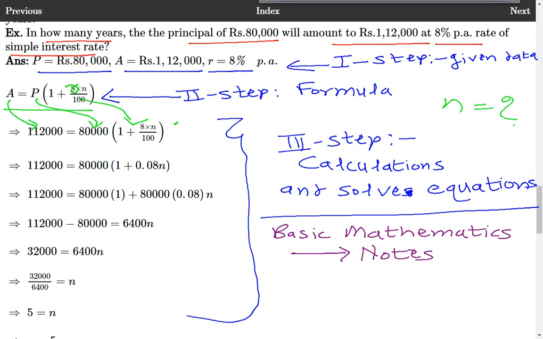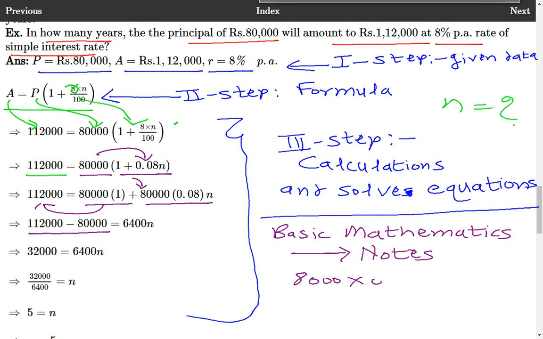After simplification, you can find that it is 1,12,000 equals 80,000 multiplied by (1 plus 0.08 n). Multiplication gets distributed over addition, so this simplifies to 80,000 into 1 plus 80,000 into 0.08 n. Taking this to the left hand side, it becomes 1,12,000 minus 80,000, and verify that 80,000 into 0.08 equals 6,400.